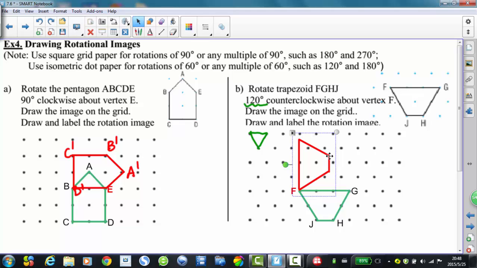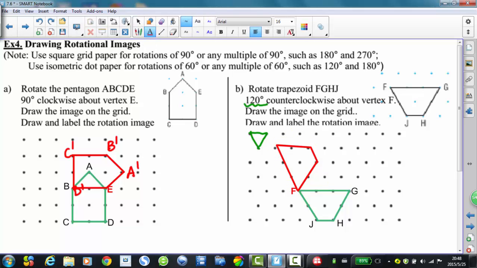120 degrees will be, so after I rotate 120 degrees counterclockwise, for this FJ, I rotate 120 degrees. This is 60, another 60. This one is 120 degrees. So FJ becomes this one. So this is J prime.